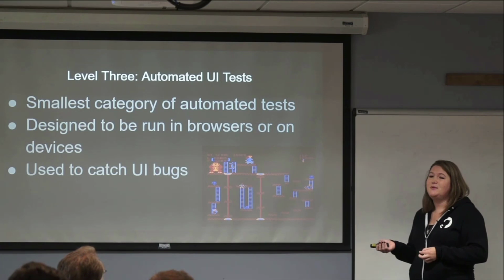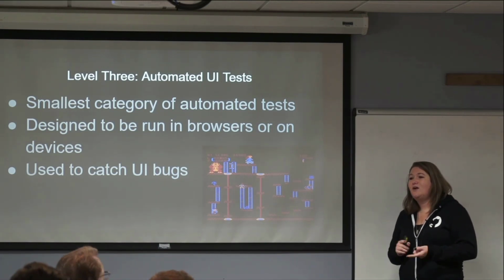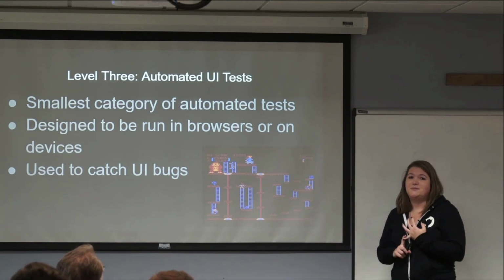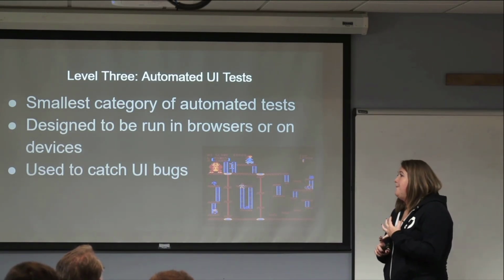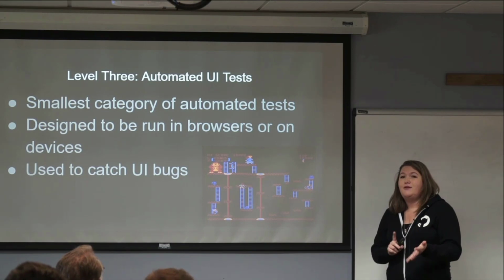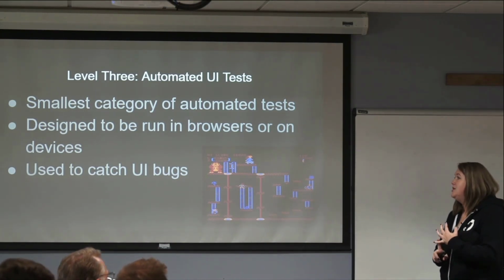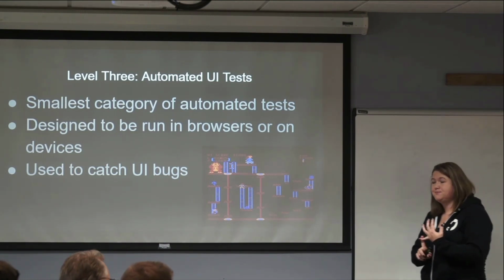The reason they're meant to be the smallest category is these are the hardest to write, the hardest to debug, and the hardest to maintain, and they take the most amount of time, usually. They are very much worth it, though, because you'll be able to catch UI bugs that you wouldn't have been able to catch with your other types of testing.